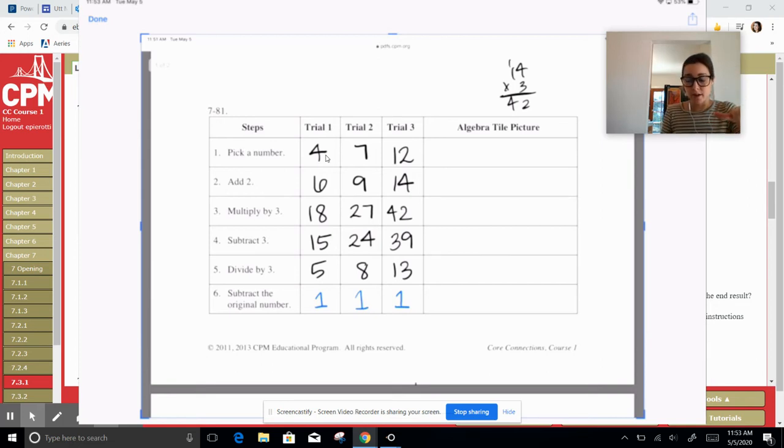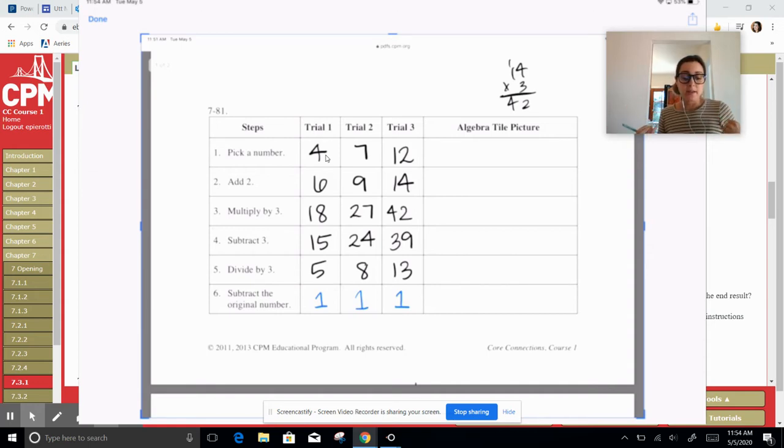But let's take a look at the algebra tile picture of this. So when you're drawing the algebra tiles, you want to show the steps that are happening with the tiles. So when we say pick a number, something that can represent any number that anyone picks would be a variable in this case because it's constantly changing no matter what.